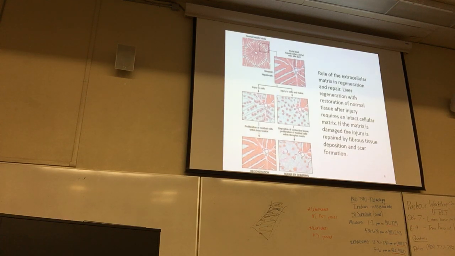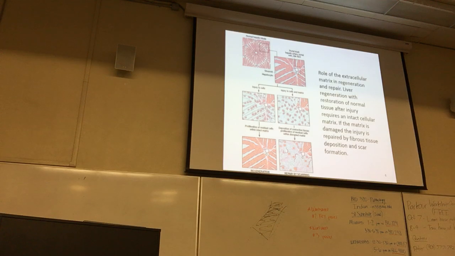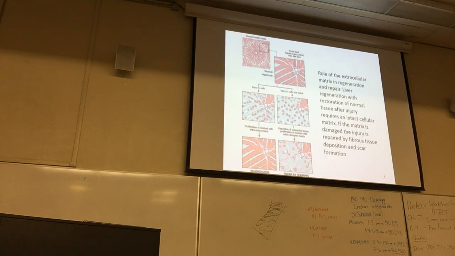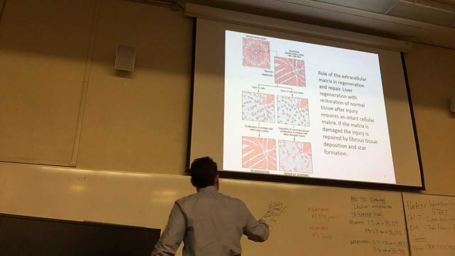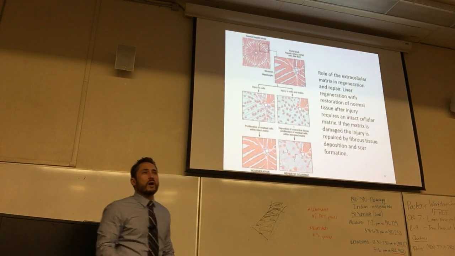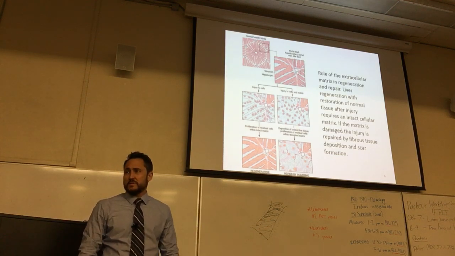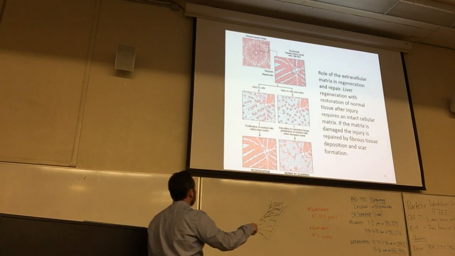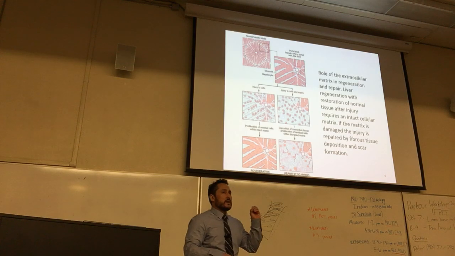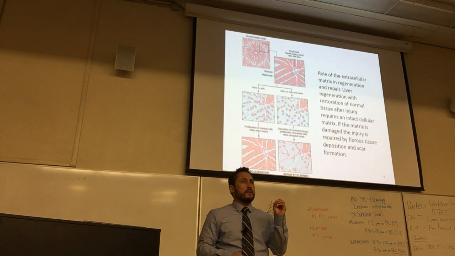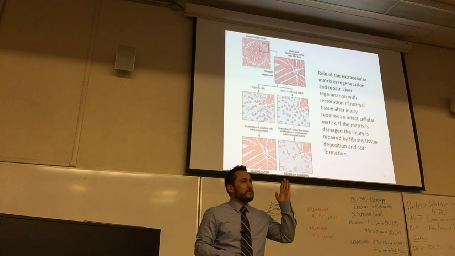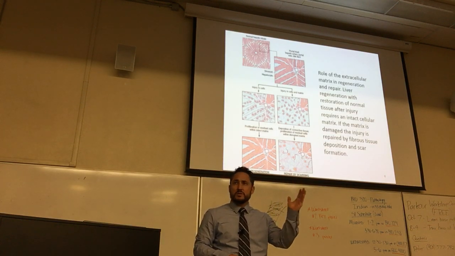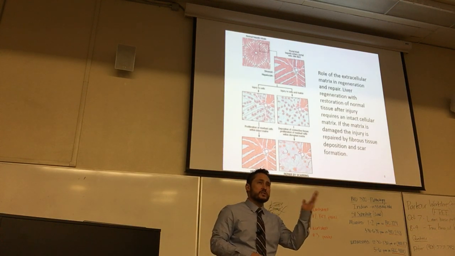In contrast, on this right side, when we have damage to the cells as well as the extracellular matrix, you disrupt the architecture. When those cells move back in, they don't know exactly where to go because the architecture is different. And so you get more scarring and fibrosis in this liver if you have damage to the architecture, the tissue or the matrix, as well as the cells.